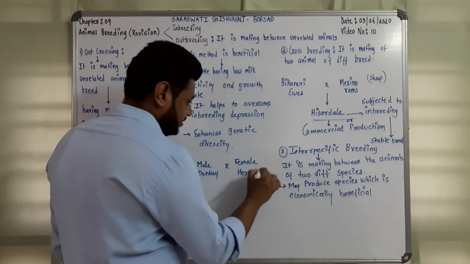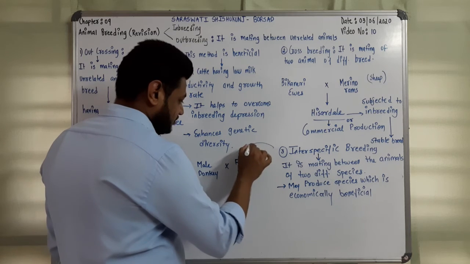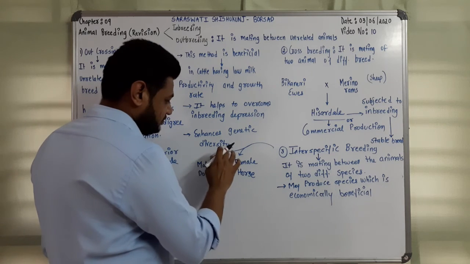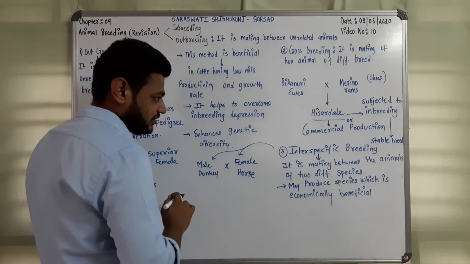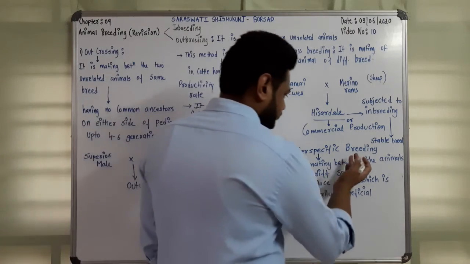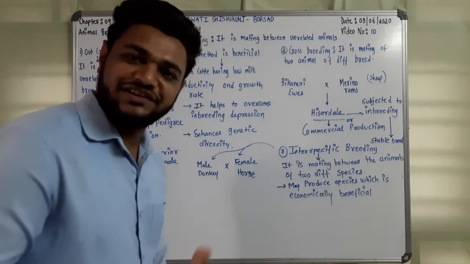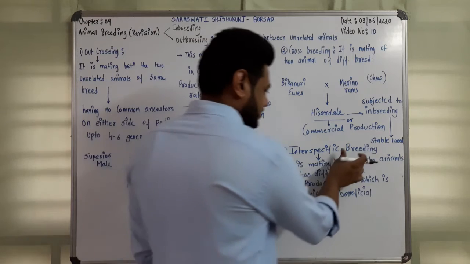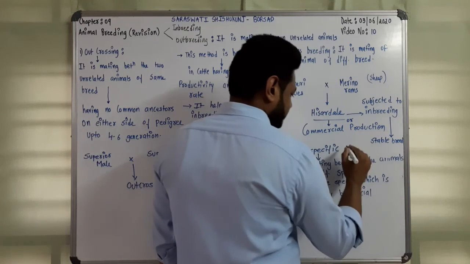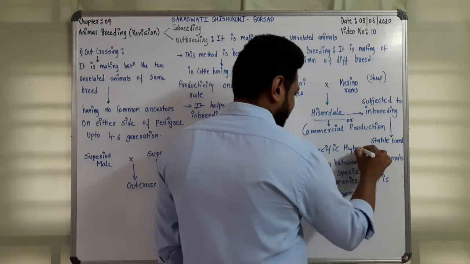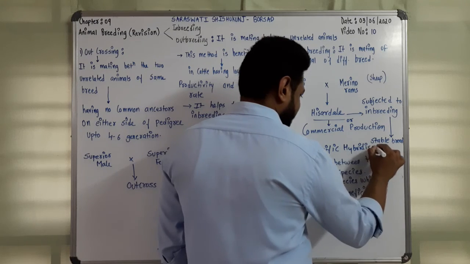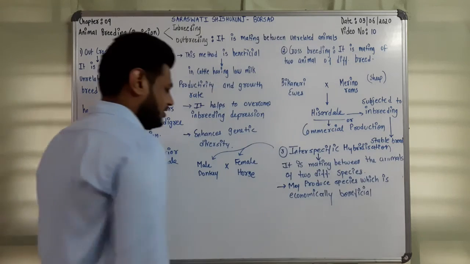This is an example of interspecific hybridization. You can use interspecific breeding or interspecific hybridization; basically the book says hybridization, so I can also write it like this.